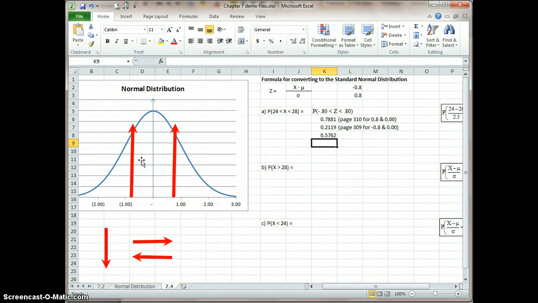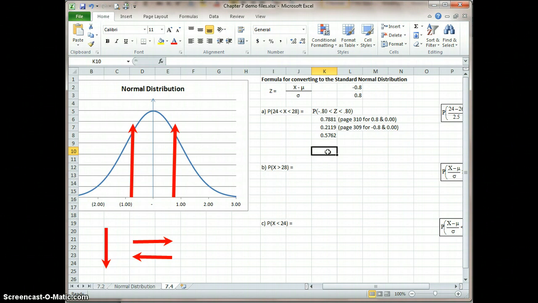If you look at those graphs on the top of the page, the first one for the positive 0.80 gives you everything from here over, and the one for minus 0.80 gives you everything from here. If you take this minus that, all you're left with is the probability in the middle, which is 0.5762. So that's an effective way to do this.